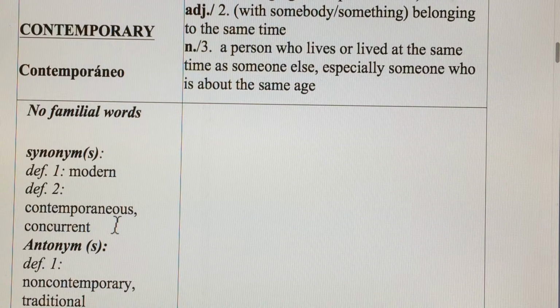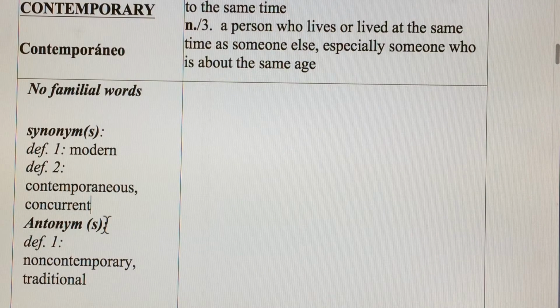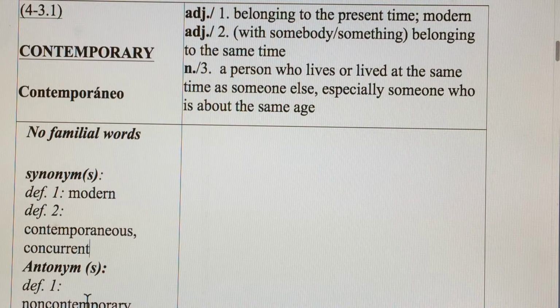Contemporaneous and concurrent. Concurrent is more popular. Again, living at the same time or being at the same time. For your antonym, you can say non-contemporary or traditional for the first definition.